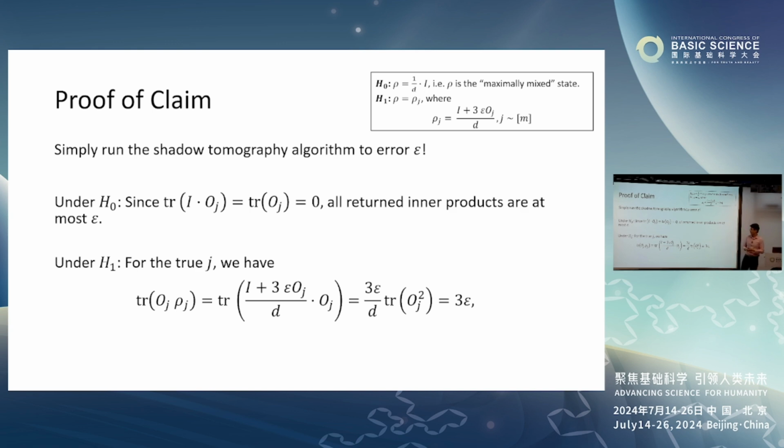Since we get these all to error at most epsilon, for that true j our shadow tomography algorithm will output something which is at least 2 epsilon, which means that we can distinguish. So in other words, if I can solve shadow tomography, I can always solve this distinguishing problem as well.